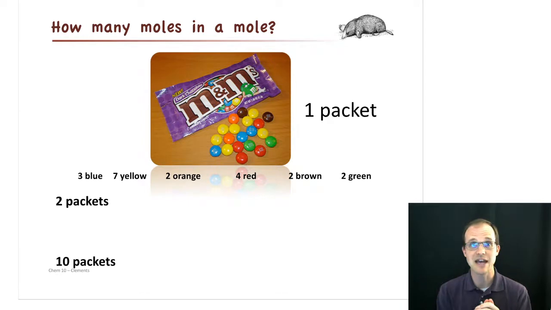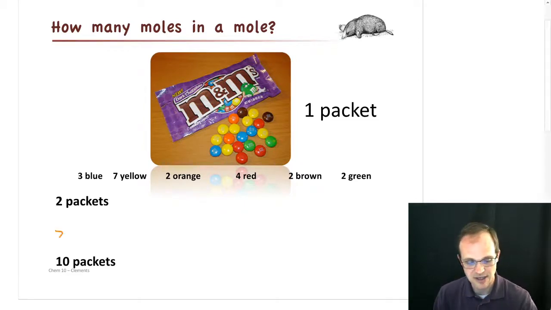Now, we're not going to use cars and wheels. Today, we're going to use M&Ms as our example. And we're going to pretend we're in the perfect world where every single packet of M&Ms is exactly the same. For those of you who are a little more OCD, wouldn't that be a great world? So every single packet is exactly the same. And we're just going to say that every packet contains 3 blues, 7 yellows, 2 oranges, 4 reds, 2 browns, and 2 greens. So if I have 2 packets, I just multiply each of those numbers by 2.